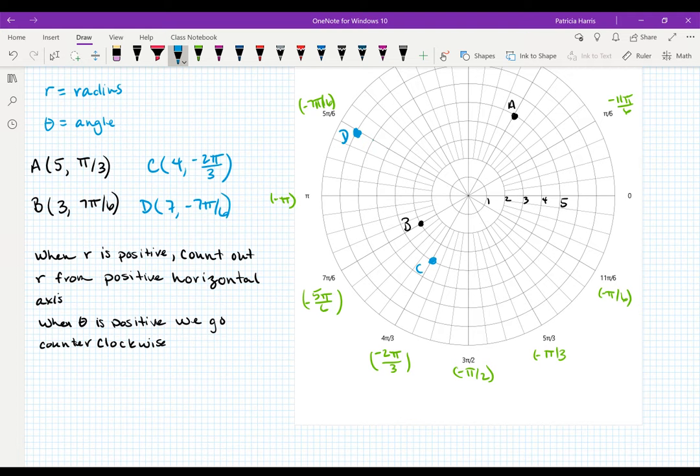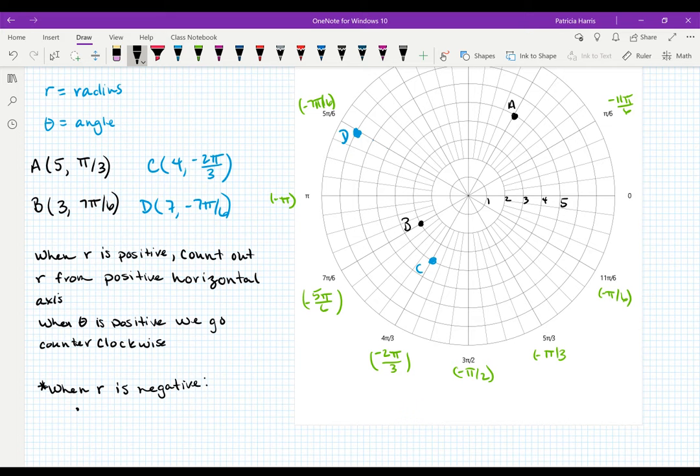All right, so when R goes negative, when you have a negative radius, you actually have two different ways you can do it. So it's kind of a special case. When R is negative, you have two choices.